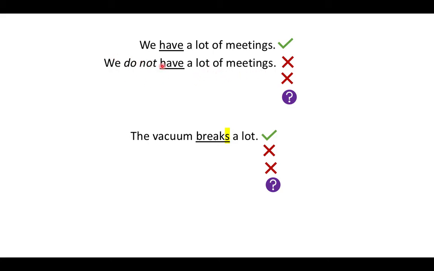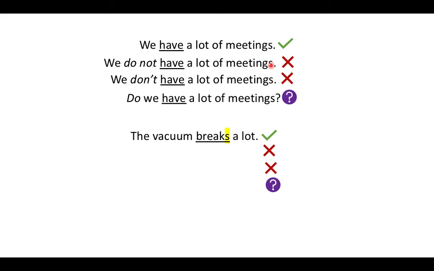We put the do not in between who we're talking about and what's happening. Again, we don't have a lot of meetings. Don't and do not are the same thing. These two sentences mean the same thing. And to make it a question, do we have a lot of meetings?